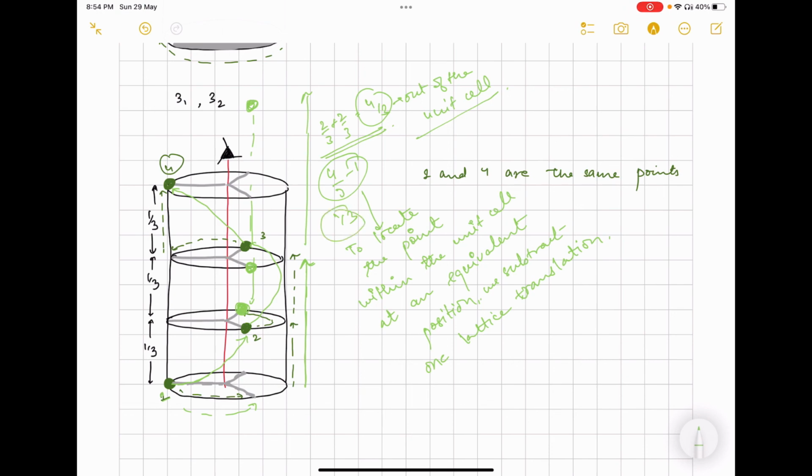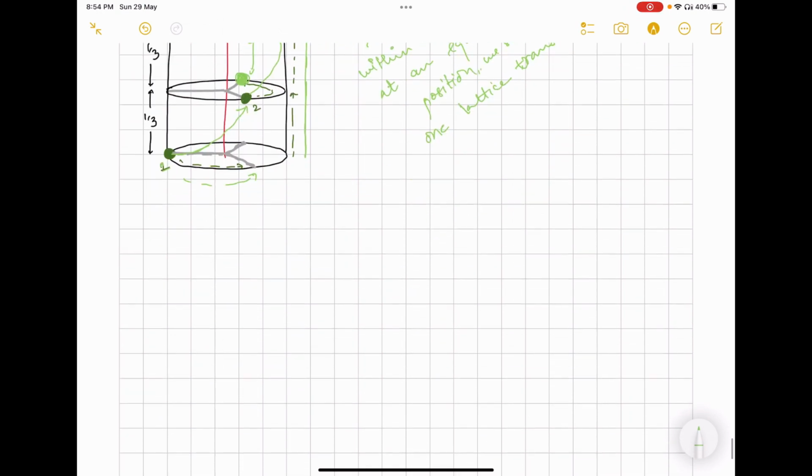Okay, so that was 3, 2. So now a right-handed 3, 2 is equivalent to a left-handed screw of pitch 1 by 3.